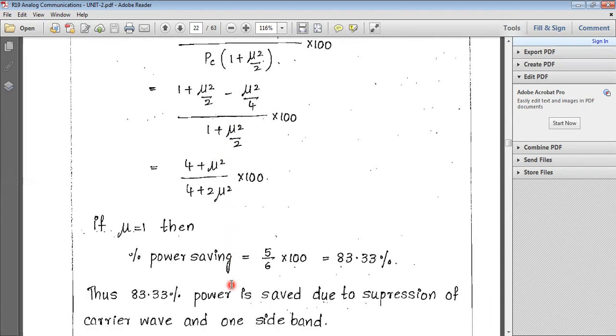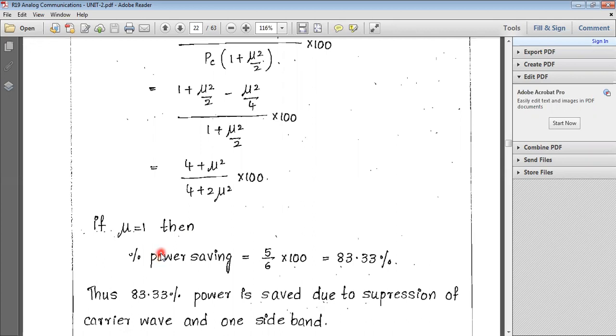From that we have 4 plus mu square by 4 plus 2 mu square into 100. Now, for 100% modulation the value of mu is 1.